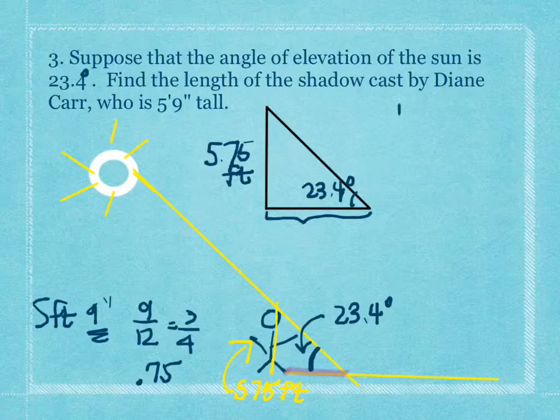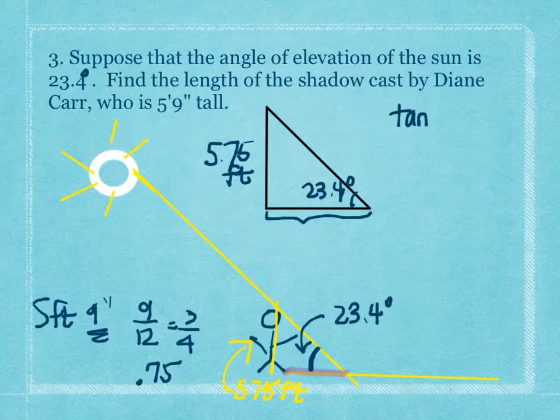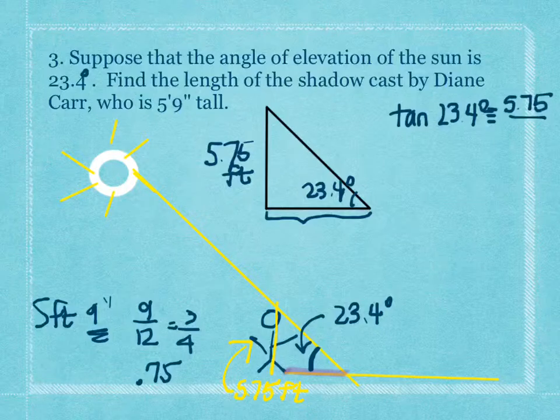It is tangent. So tangent is opposite over adjacent. So the tangent of the angle, 23.4 degrees, what will that equal? 5.75 over, what'd you call it? B? All right, we'll call our shadow B then.